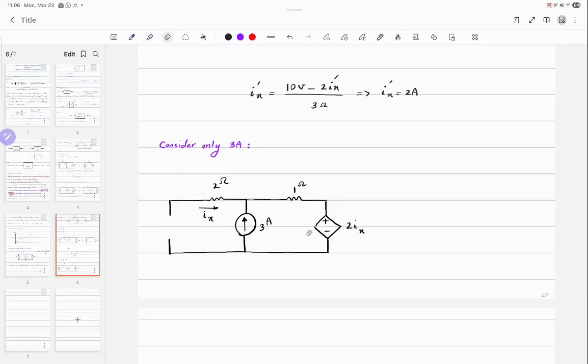Short circuit both of the voltage sources, right? I'm getting rid of everything else. What's wrong? Don't touch the dependent source. Only the independent one. I'm going to change my label to I double prime.